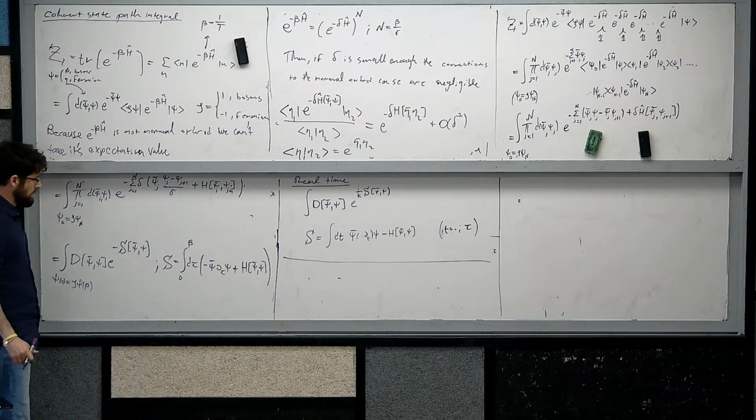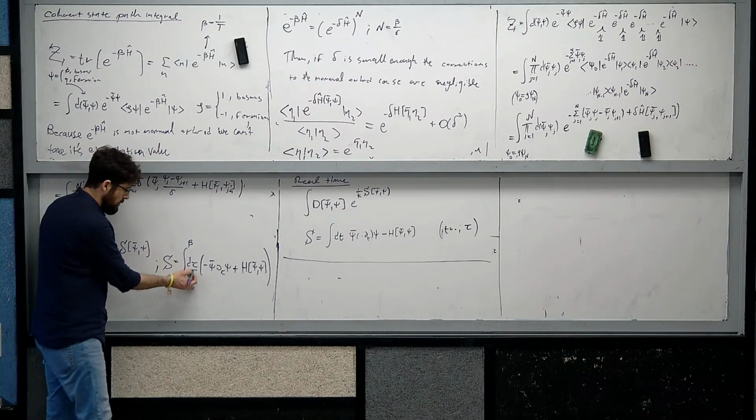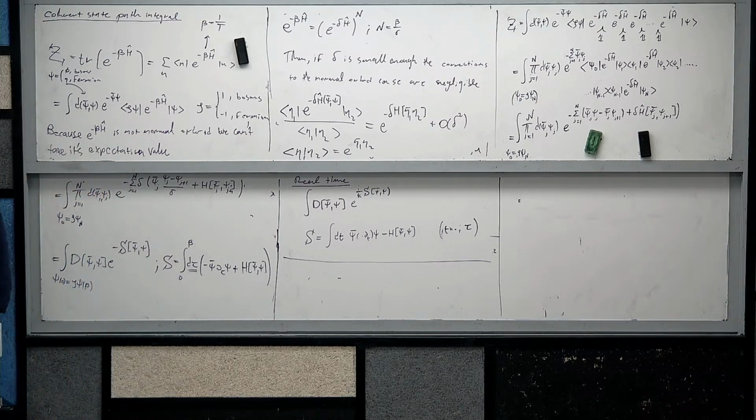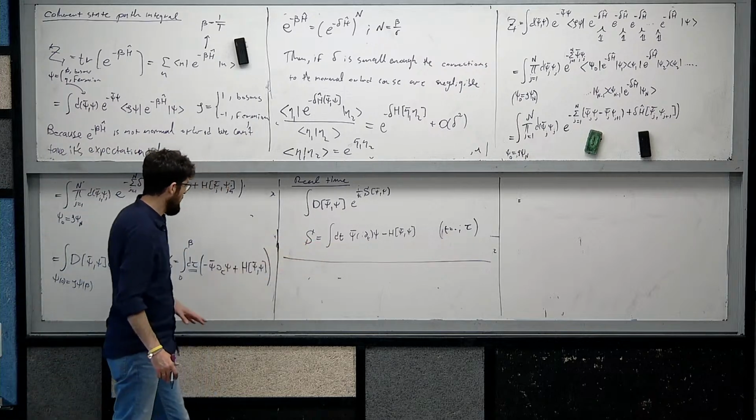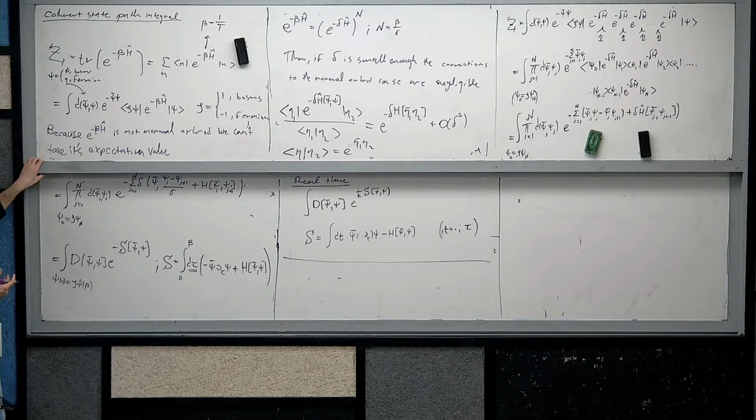The second thing I want to mention is that we have this emergent coordinate which we call tau. Tau is known as imaginary time. It has meaning, but you can interpret it as a Wick rotation of real time. Besides that, it's more of a mathematical trick which helps us to calculate thermal averages.